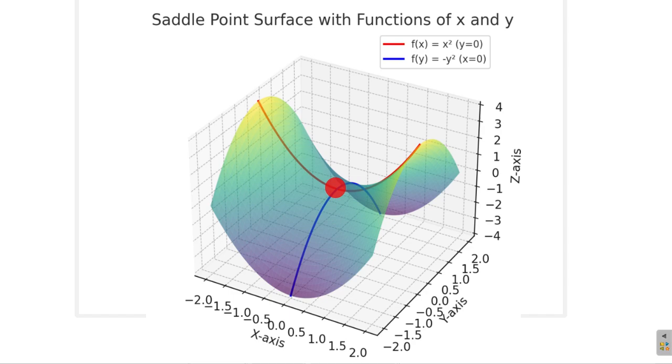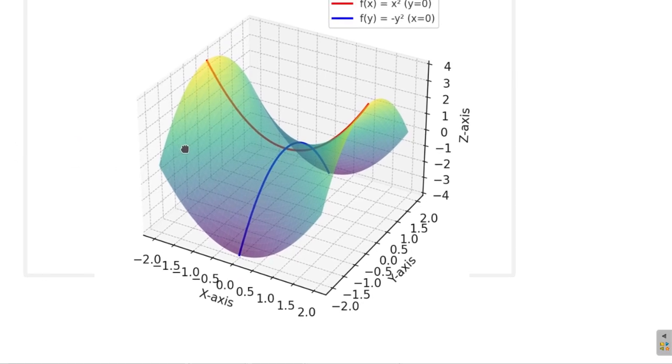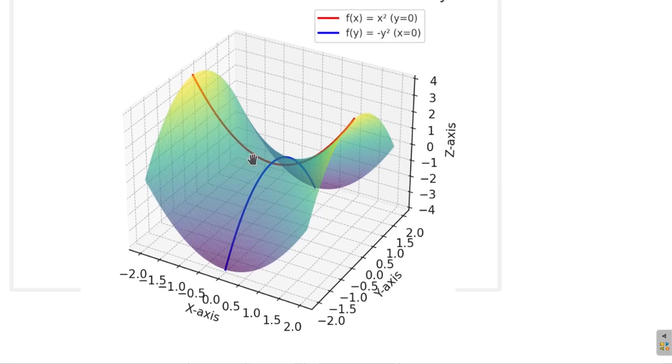It's not a maximum point and it's not a minimum point either, even though the tangent along the x has a gradient of 0 and the tangent along the y also has a gradient of 0.